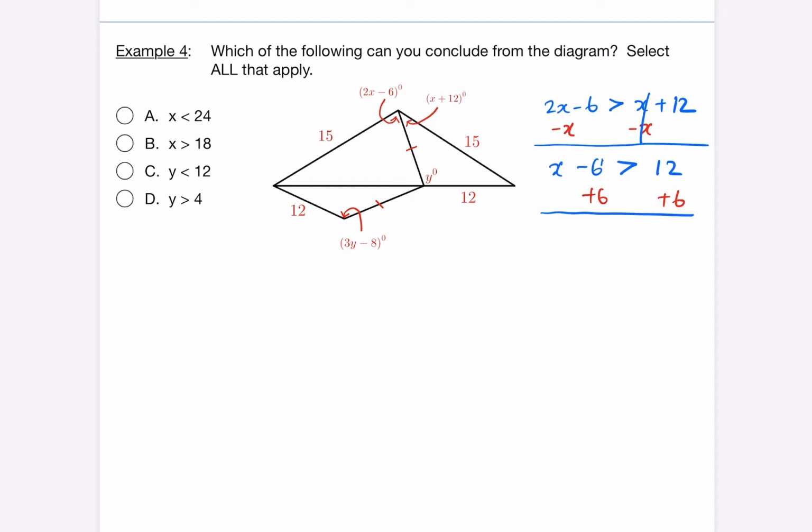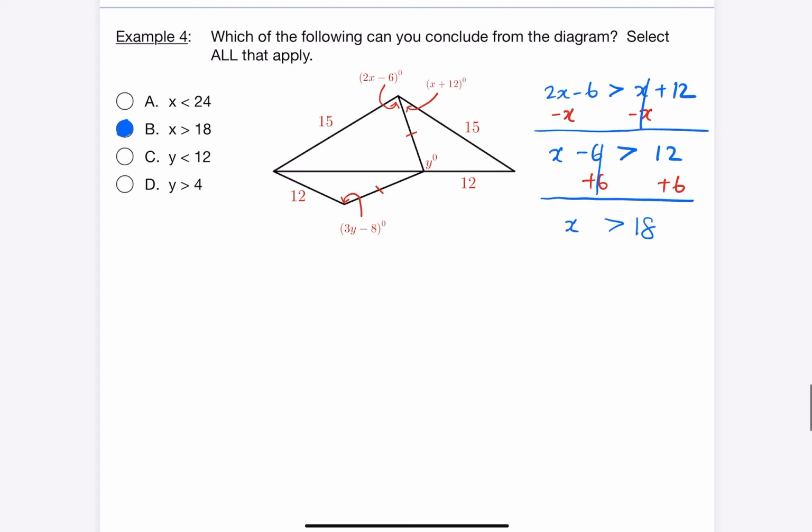The result is that the negative 6 canceled out, and now we find that x is greater than 18. All right? Okay, so in looking at these choices, we see that x is greater than 18. So we can go ahead and select that. X is greater than 18. All right, so that's one conclusion.